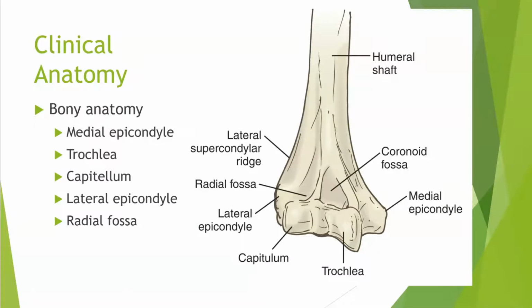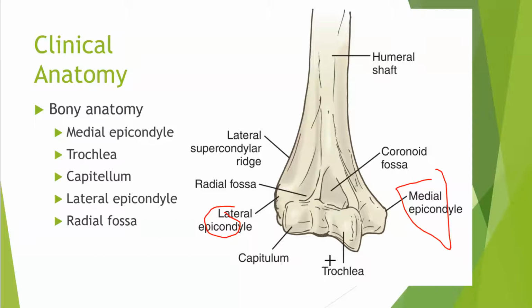All right, and now getting back to our clinical anatomy. So this slide right here, we're looking at the distal end of the humerus, and some highlight marks that we need to talk about are the medial and lateral epicondyle. The trochlear, which is right in the center aspect on the most distal part of the humerus.